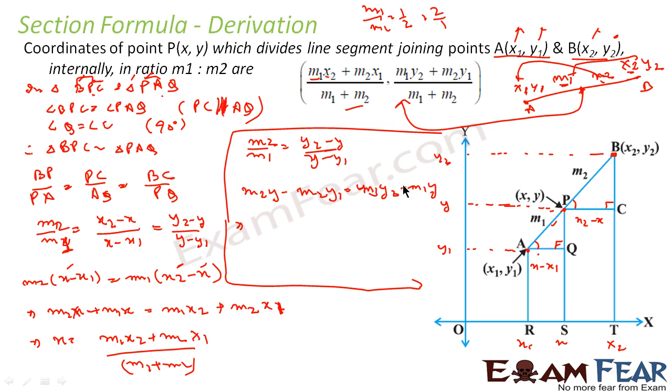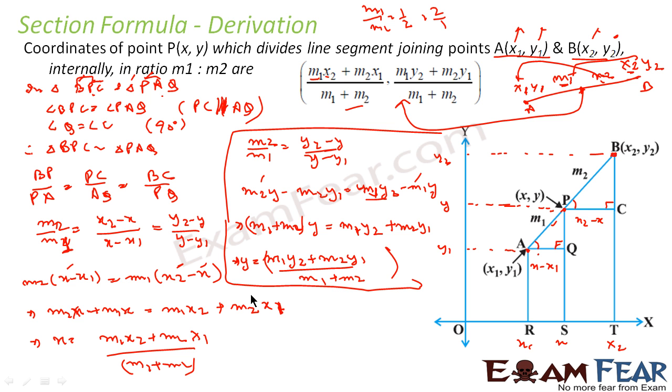If you take this y, you get m1 plus m2 into y, which is equal to m1y2 plus m2y1, or we get y is equal to m1y2 plus m2y1 divided by m1 plus m2, and that is the value of y, and this is the value of x.